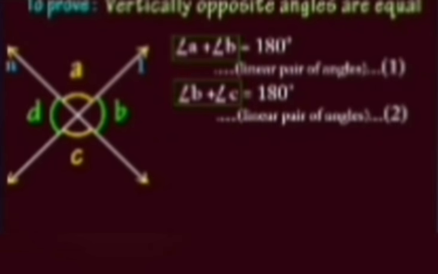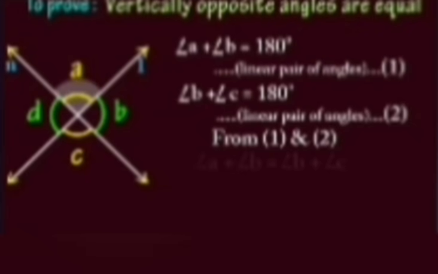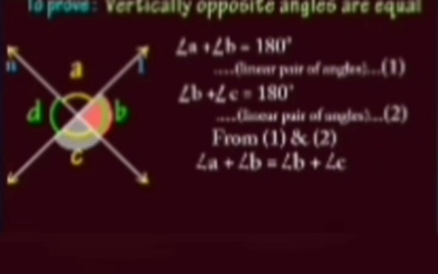We can equate the left hand side, so A plus B equals B plus C. Now here B on the two sides can get cancelled, so we'll be left with angle A equal to angle C. Hence we can say that the vertically opposite angles are equal.